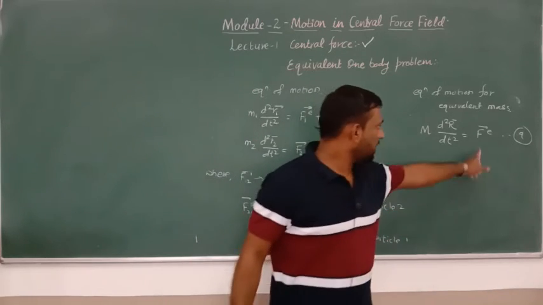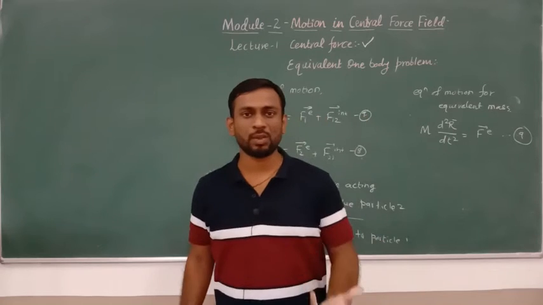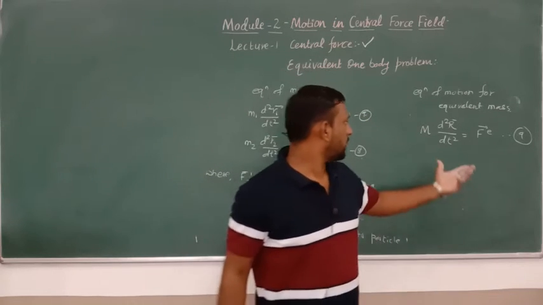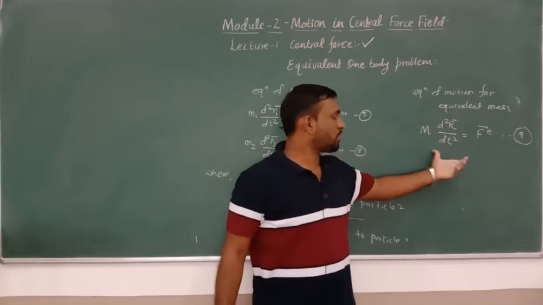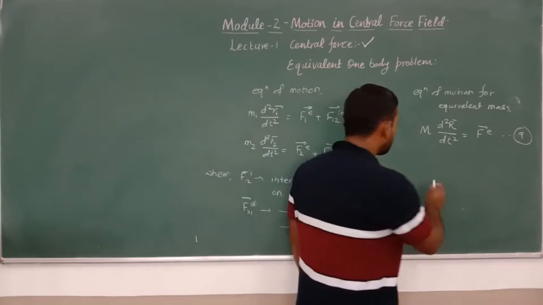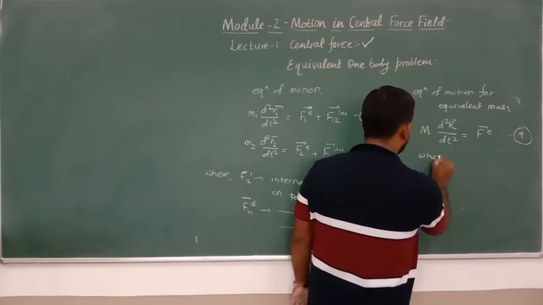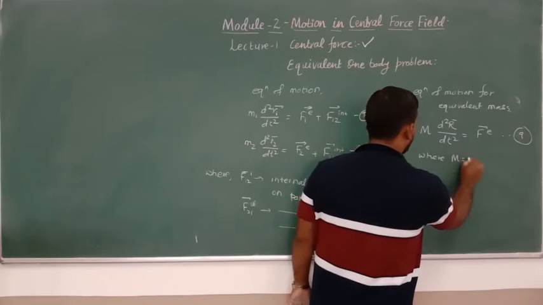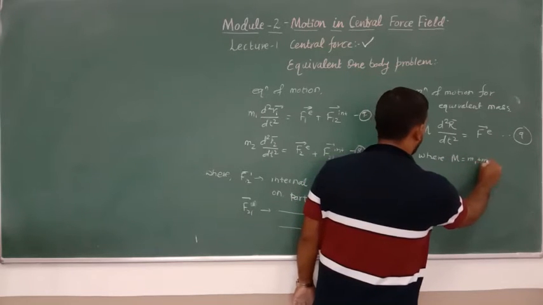In that case internal forces are eliminated, and then you can apply Newton's law. So this is the equation of motion for the equivalent one body problem, where capital M is m1 plus m2.